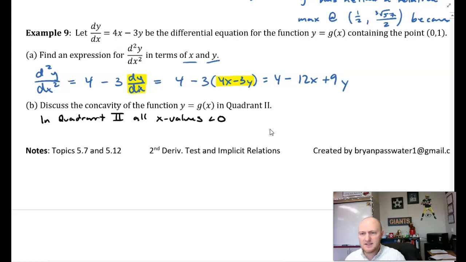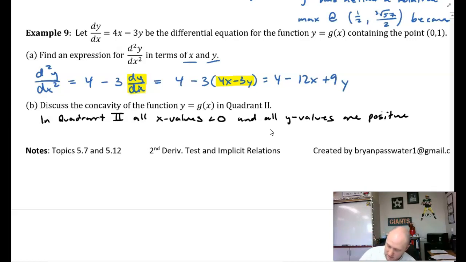So all x's are negative and all y values are positive. So if we look at the second derivative, if I bring this back up, this is 4 minus 12 times x plus 9 times y.